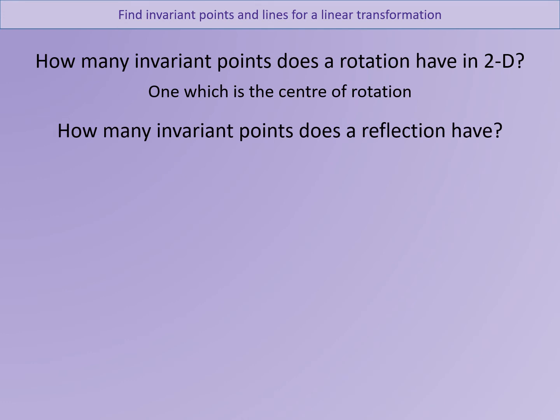A reflection has an infinite number of points all the way along the reflection line. They are all invariant points. And remember that lines perpendicular to the mirror line, they are invariant lines. So although the points along that line do move, the line itself will remain invariant.